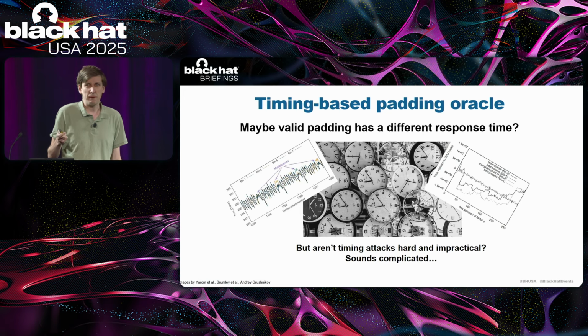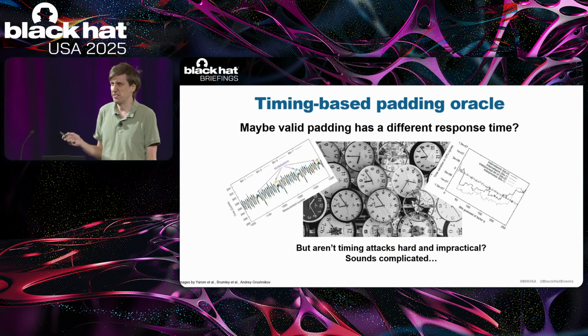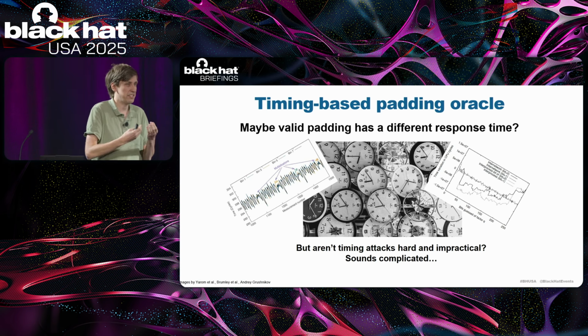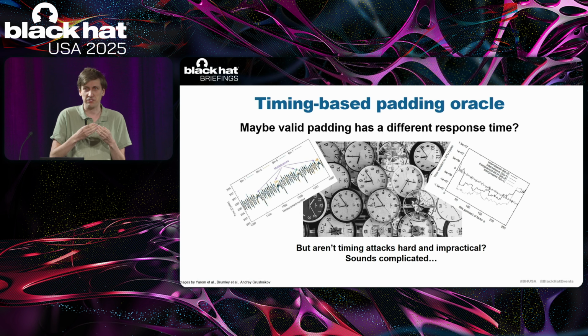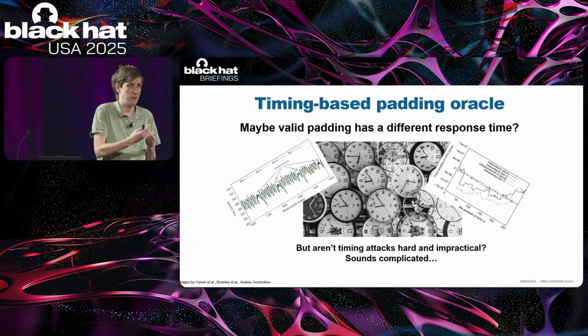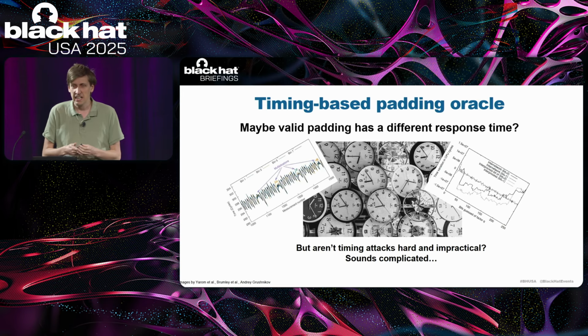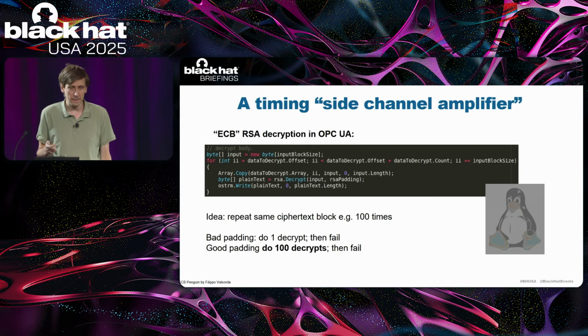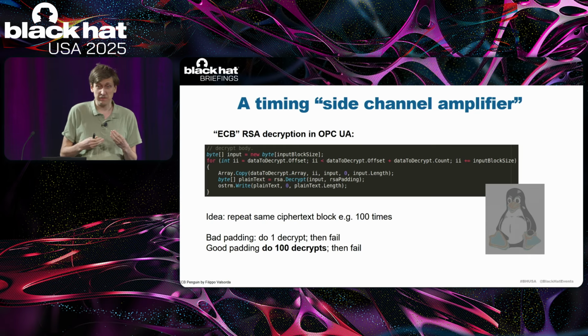But it's good to keep in mind that not all timing attacks are hard. If you have the traditional SQL injection that includes a sleep statement, that's a very easy timing attack because the timing differences, you can influence them and you can make them really big. And you can do something similar in the OPC UA protocol, because the way they do RSA encryption uses a slightly strange structure.